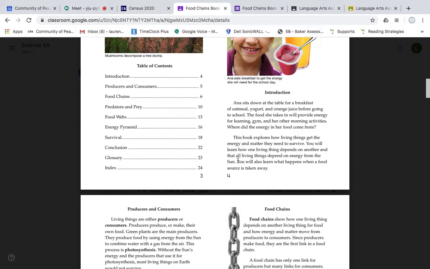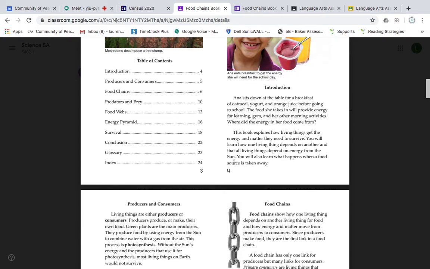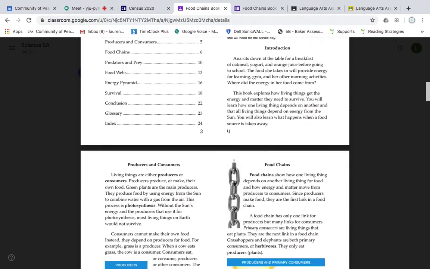This book explains how living things get the energy and matter they need to survive. You will learn how one living thing depends on another, and that all living things depend on energy from the sun. That sounds like an important fact. All living things depend on energy from the sun. You will also learn what happens when a food source is taken away.